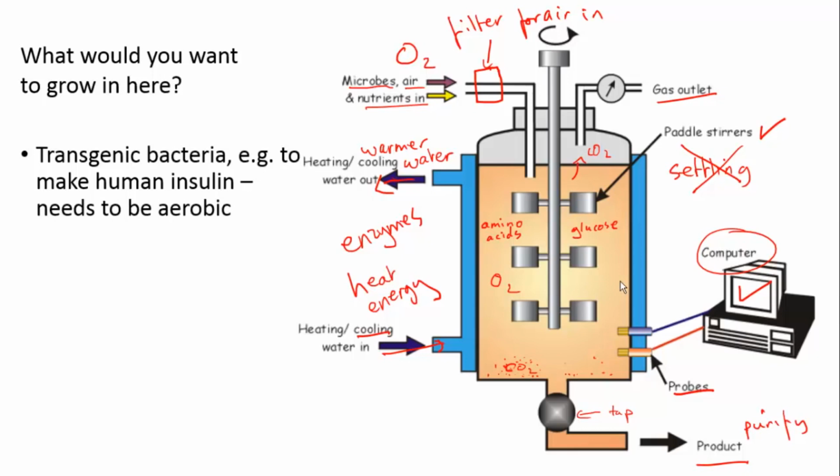Now, of course, that's not just perfect for our transgenic bacteria to grow, as we want them to, but it's also perfect for any other microbe to grow. And so we've got to make sure those things don't get in there. So we filter the air in, and that will keep the conditions sterile.